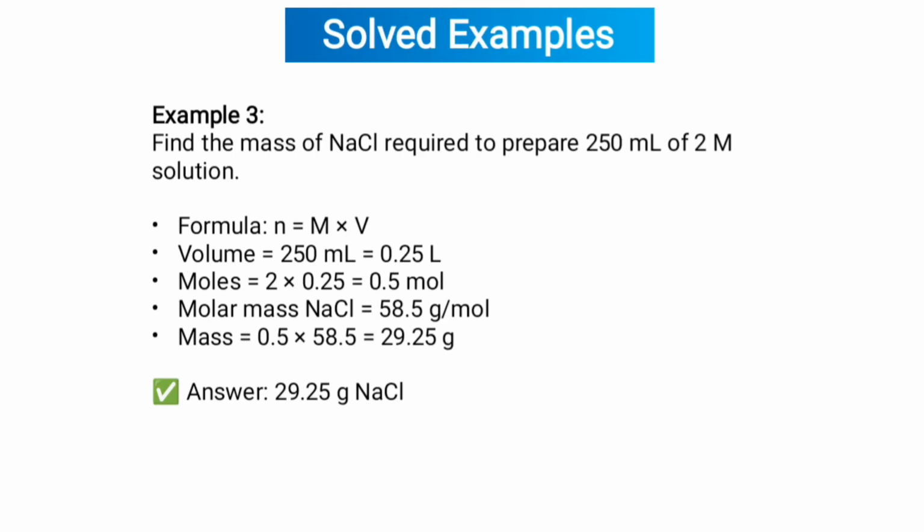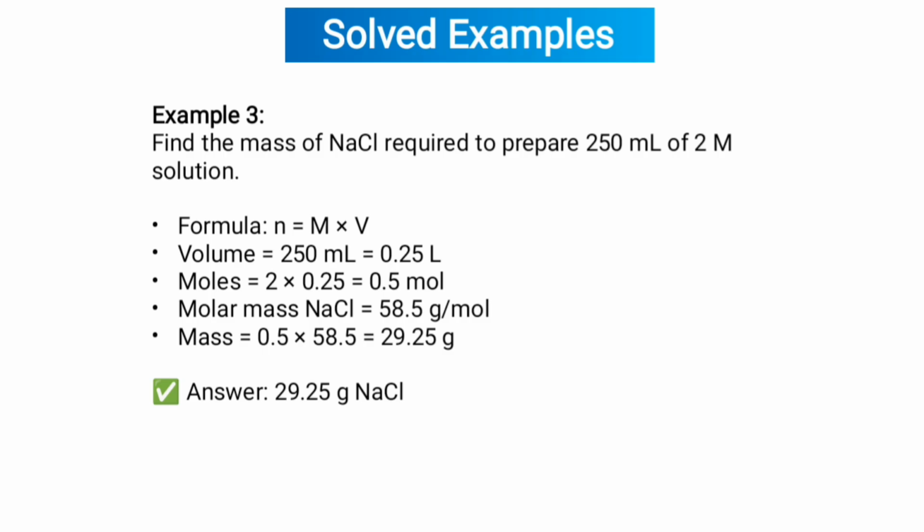Now, the third example is find the mass of NaCl required to prepare 250 ml of 2 M solution. Now, formula: n is equal to M multiplied by V. Volume is equal to 250 ml, which is equal to 0.25 liter.